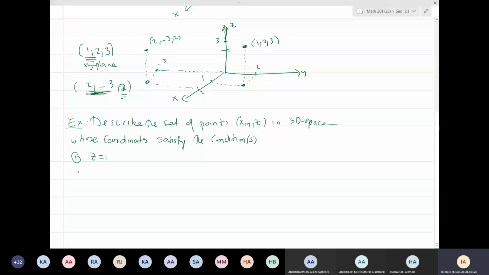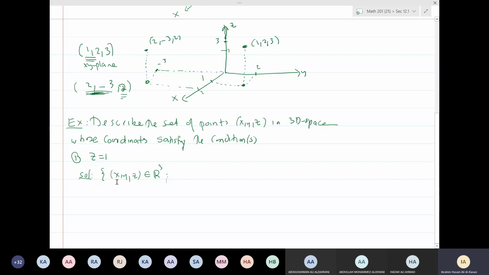So the solution here, just try to understand the meaning of the question. I need to describe the set of points x, y, z, so I will write it in set notation. I need to describe the set of points x, y, z in a 3D space, meaning in R3, with coordinates satisfying the conditions. What are the conditions on x and y and z? And z equals 1. So what is the condition on x?